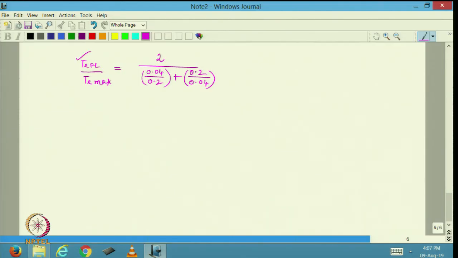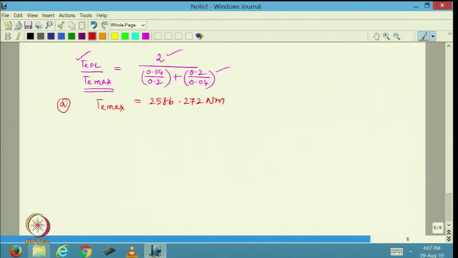TE full load is known, all these things are known, only thing you need to calculate is TE max. From this we can arrive at TE max equal to 2586.272 Newton meter. Please verify this calculation as well.